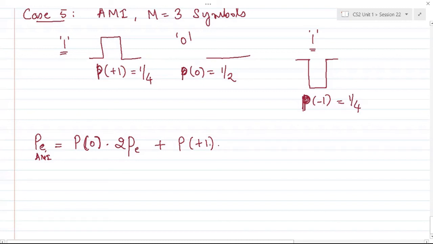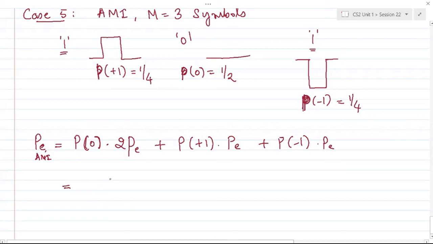So the error if I transmit symbol +1 will be very similar to the case of unipolar, and similarly the probability of transmitting symbol -1, which can be erroneously mapped onto symbol 0. Okay, so this would be the case of AMI.